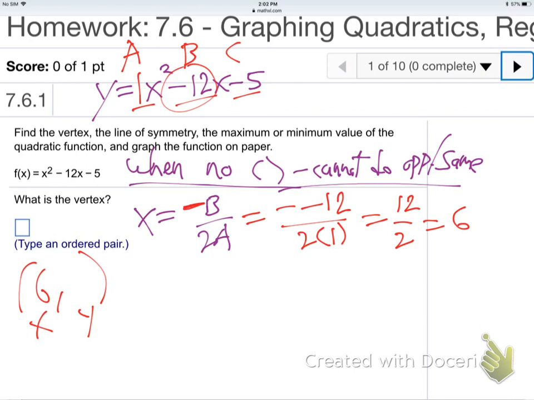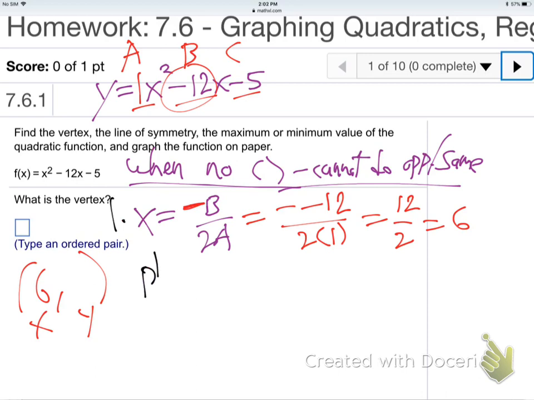Like, why does negative b over 2a give you the center of a U-shape? There's a deep calculus reason for that, so we're just going to leave it at that. Plug in 6 anywhere x is. Now we can just plug in the 6. So now to find y, just plug that in.